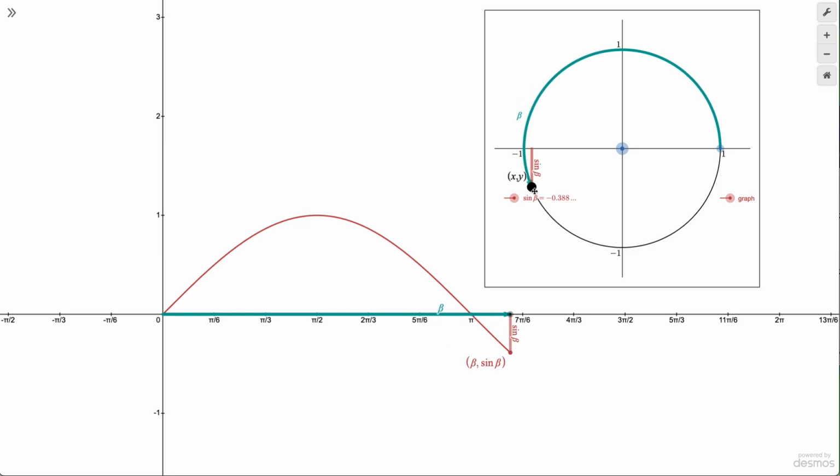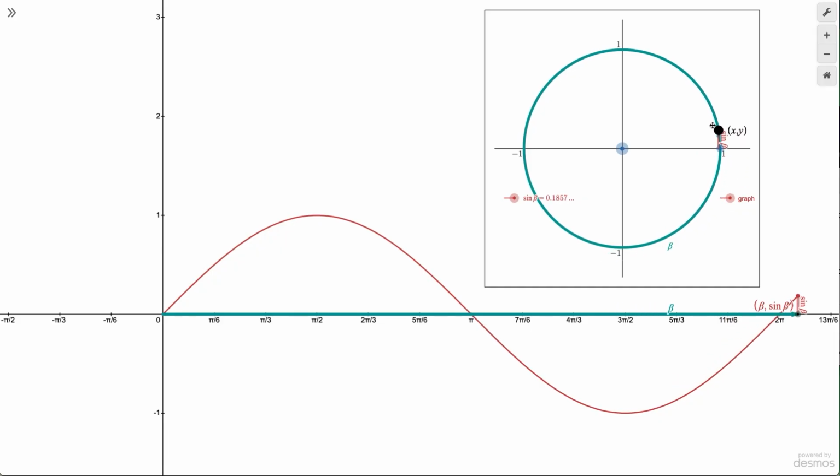As I continue for beta a little bit bigger than pi, the y coordinate here is going to be negative, so I'm going to be plotting a negative value. So this is what it looks like.